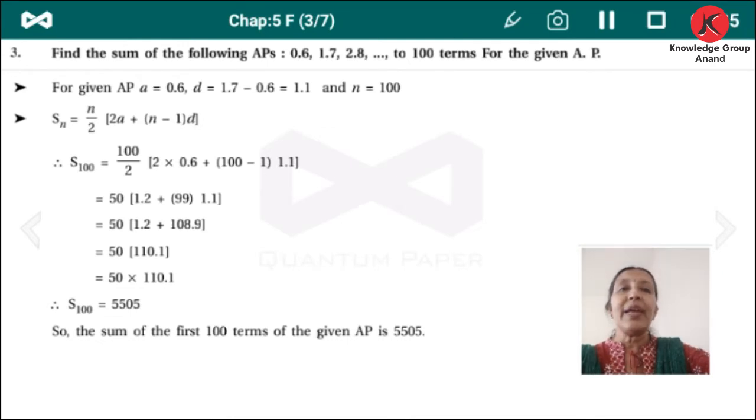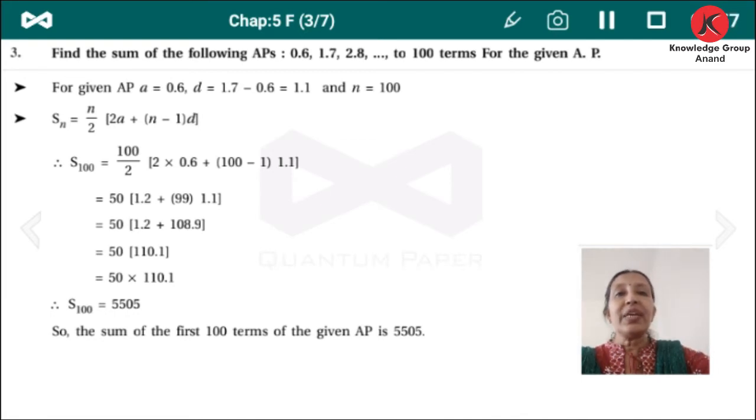Using the formula n by 2 into (2a plus (n minus 1) into d), putting the values n equal to 100, a equal to 0.6, and (100 minus 1) into the difference 1.1.